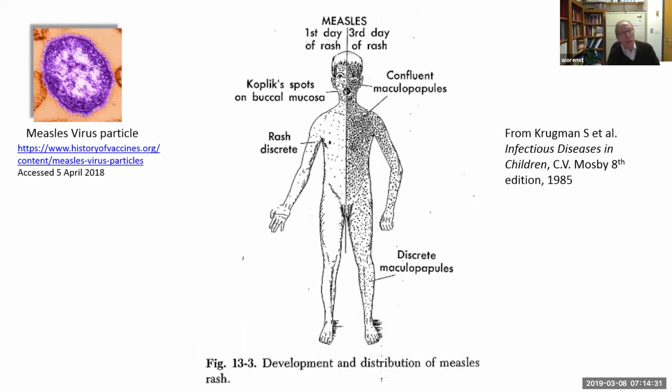And this is the classic case. It is what's called a centrifugal rash. It's focused particularly on the face, and then it goes down to the body, and over time it moves out, but the greatest concentrations are on the central part of the body, and then it fades.